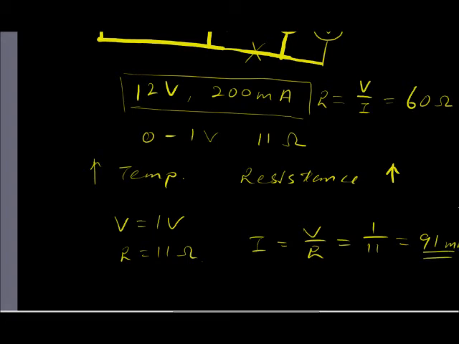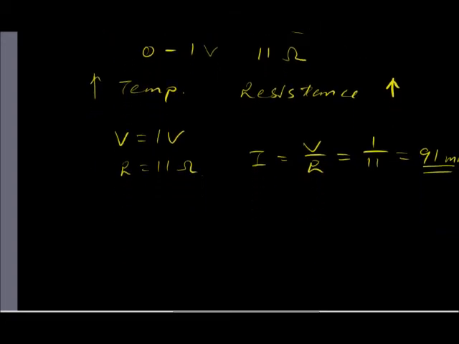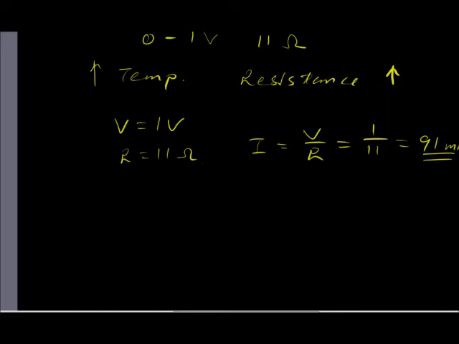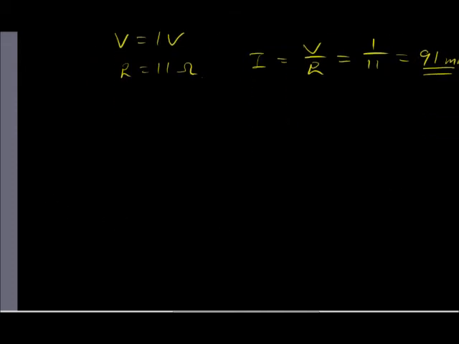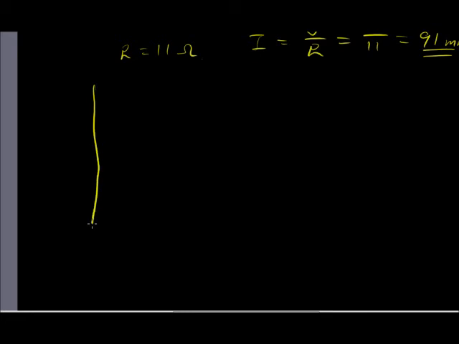Alright, so for the second part of the question, we need to sketch a graph to show how the current in the lamp changes with the PD across it. So let's roughly sketch the graph. My drawing is not very good.